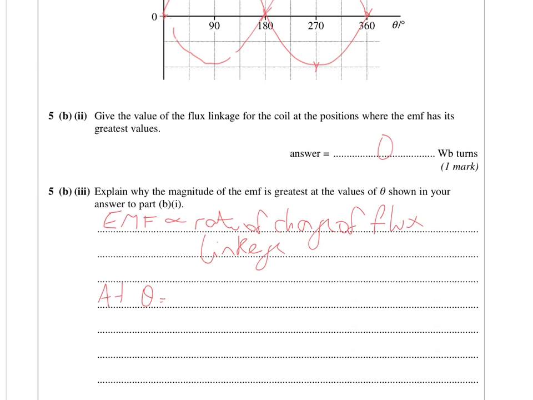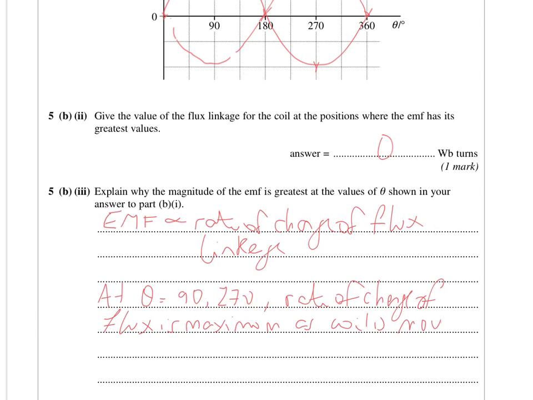At theta equals 90 or 270, the rate of change of flux is maximum as the coil is moving at that point parallel to the field.